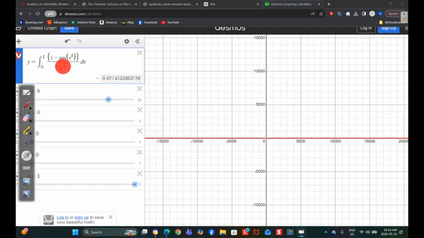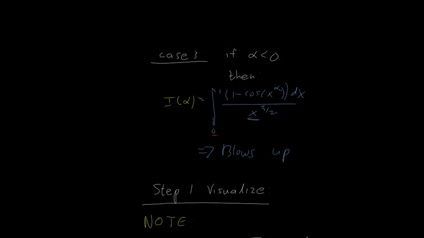Because in the denominator, that's our singularity, when x is 0. That is the real question. Now, step 2. I just wanted to show you how this looks. Nothing too fancy, Desmos. Let's go back.